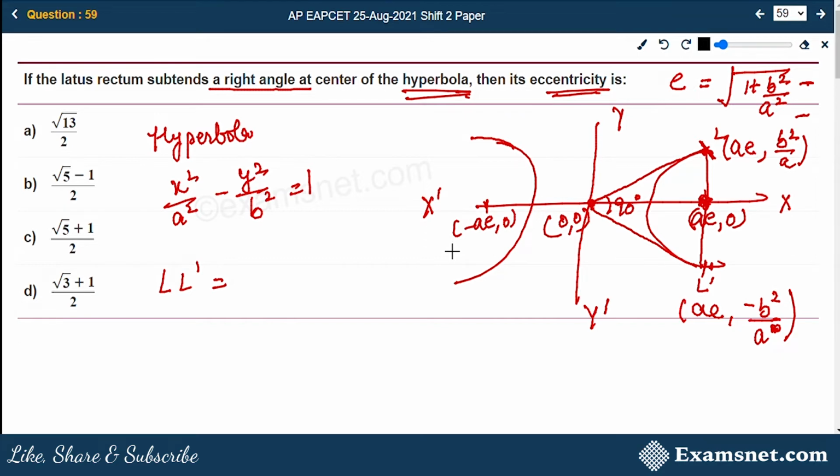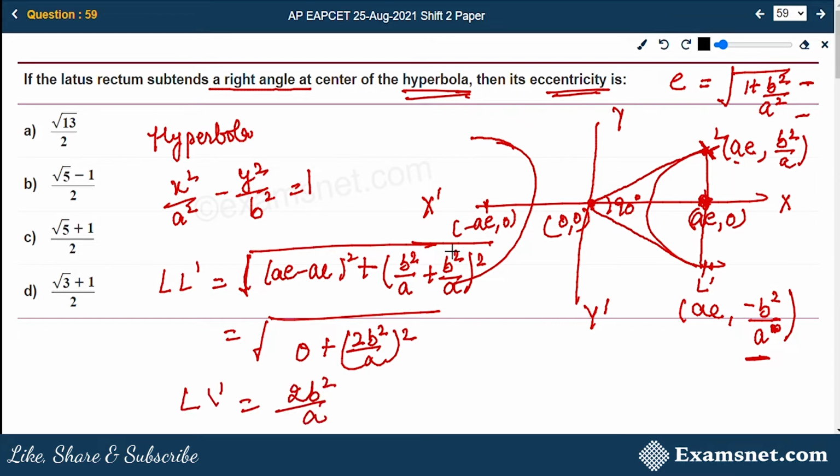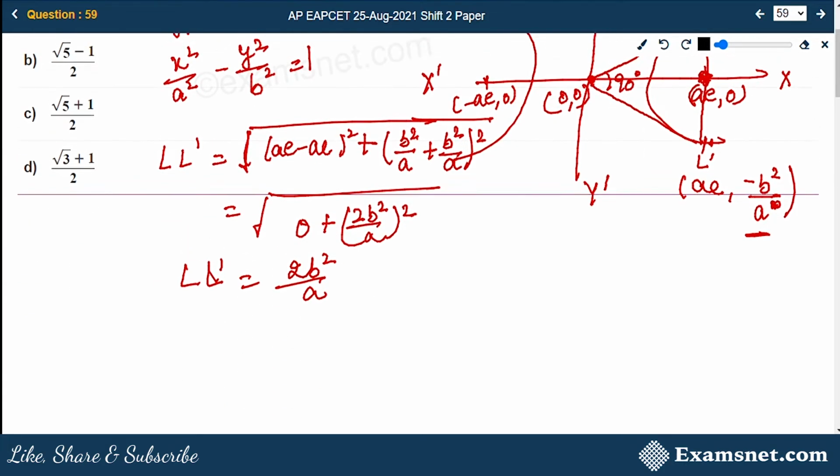L L dash will be given by, see, under root of (x2 minus x1) square, that is (ae minus ae) square, plus b square upon a minus of minus b square upon a will give you plus 2b square upon a, squared. So this will be 0 plus 4b to the power 4 upon a square, which is nothing but 2b square upon a. L L dash will be 2b square upon a.